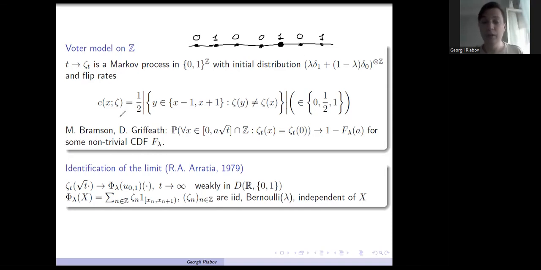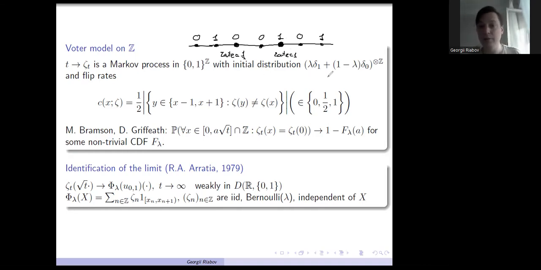So the flip rate of this individual will be equal to 1. So here the rate is equal to 1. On the other hand, the flip rate of this individual will be equal to 1/2. So he will change his mind later.